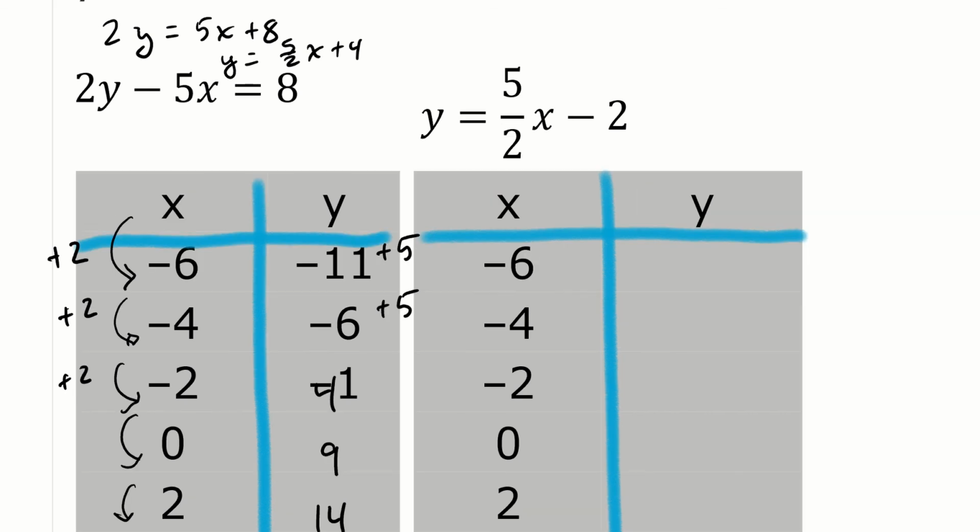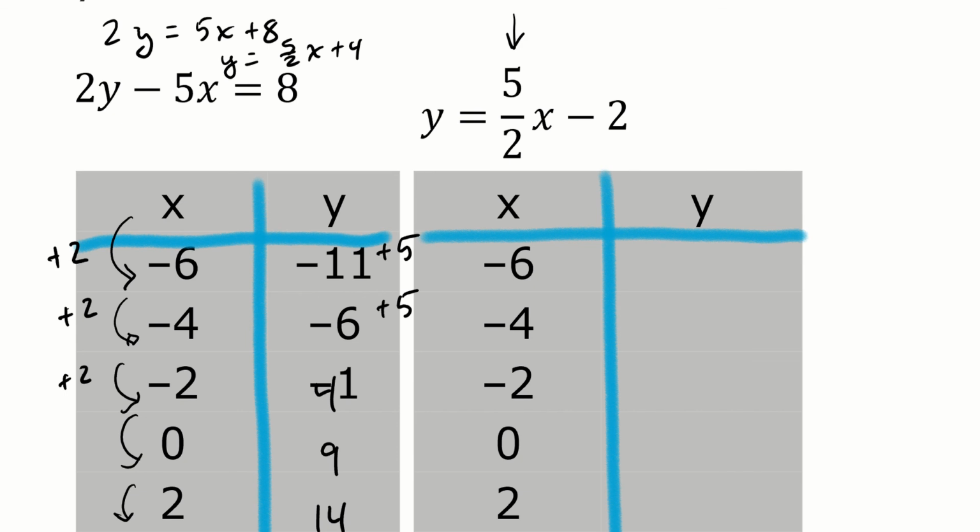One thing I noticed is that when I set this up, I placed the wrong equation in for the second equation. So the second equation should be y equals 5 halves x minus 2. So what I notice about this is this pattern does have the same slope, and it also has a different y-intercept.